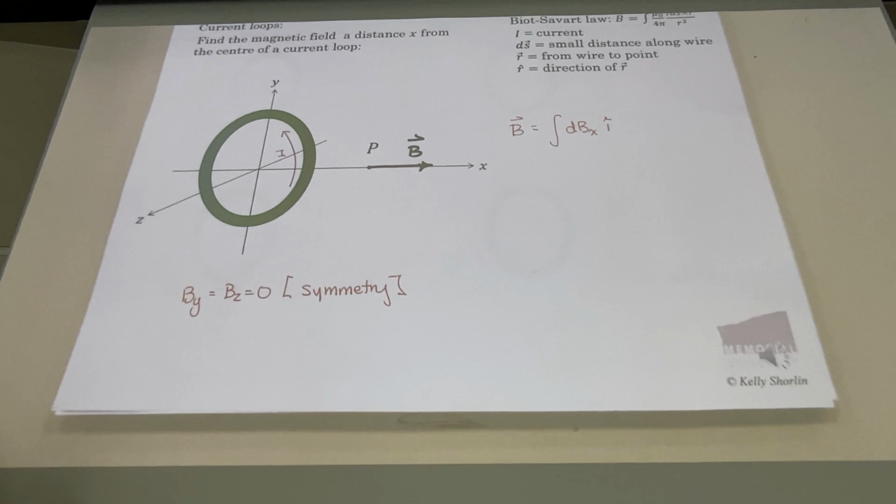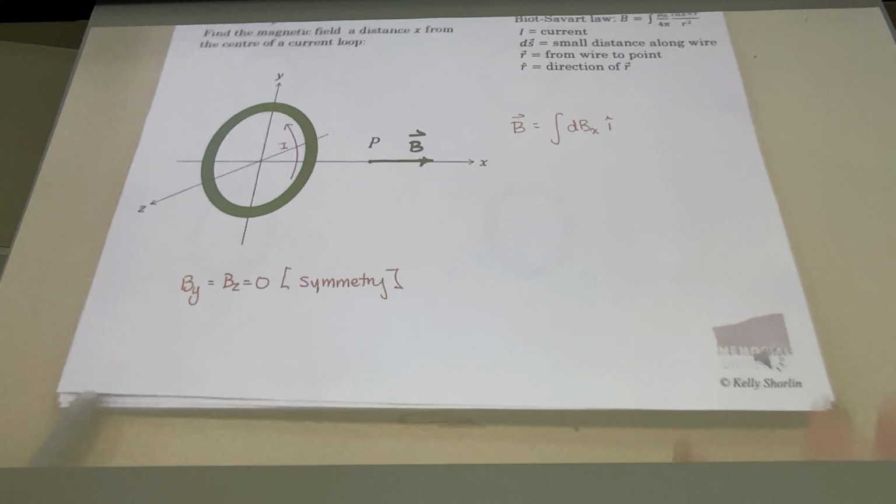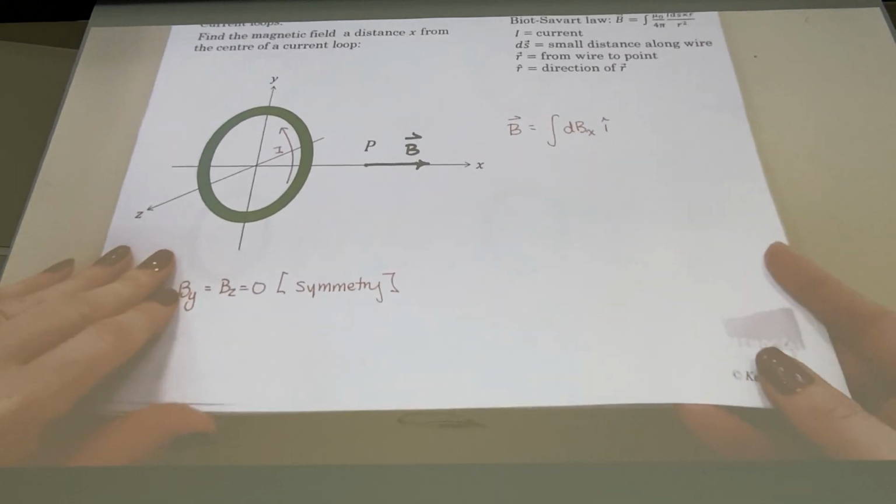Okay, so now we're going to have to use some geometry, some trigonometry. We're going to figure out what dB_x is, and then we're going to do the integral, add it up, and find our net magnetic field. So let's go to yet another new picture.